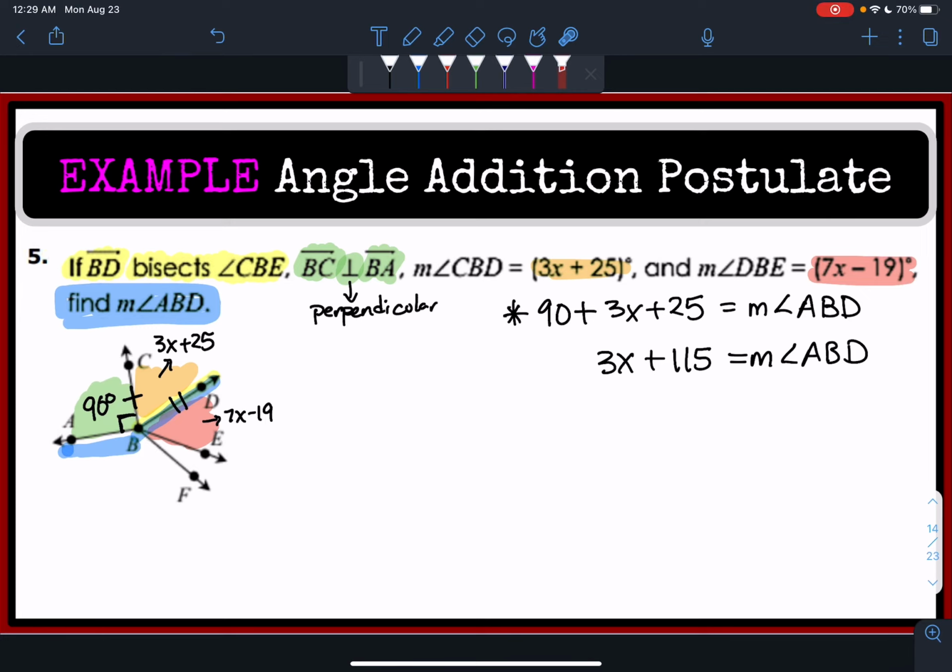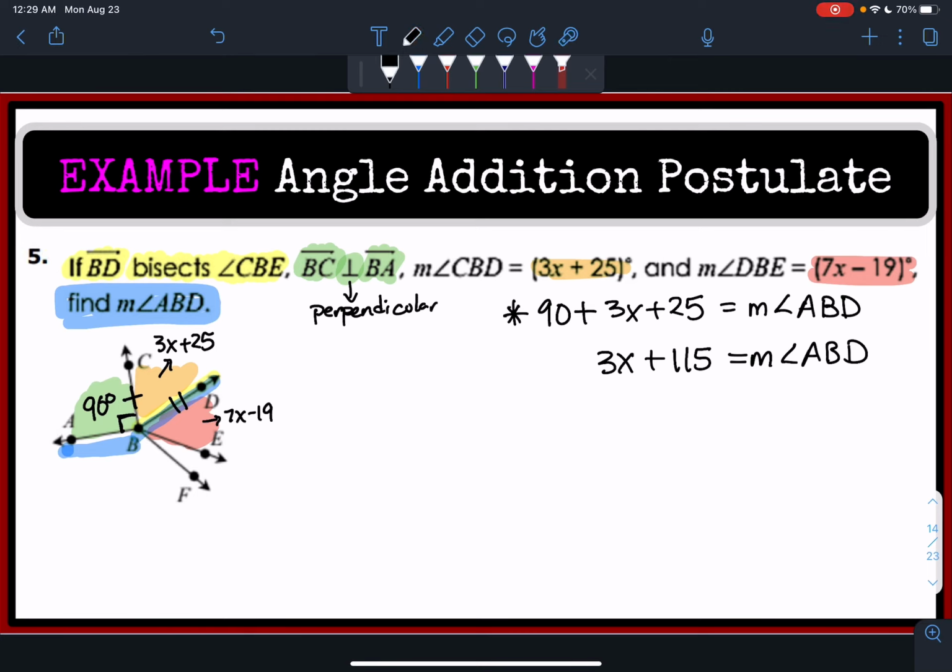Okay, so I have to look at something else. Well, I have a lot of other information I can use. The other thing that I know is that the orange angle and the red angle are equal, because that's the first thing that I got: this yellow line that I just highlighted in blue is the bisector. So the orange and the red angles are equal to each other. So let's see how that's helpful.